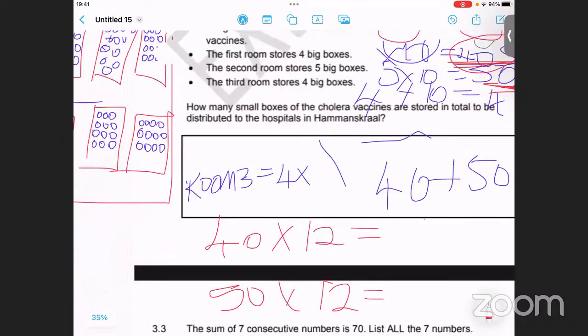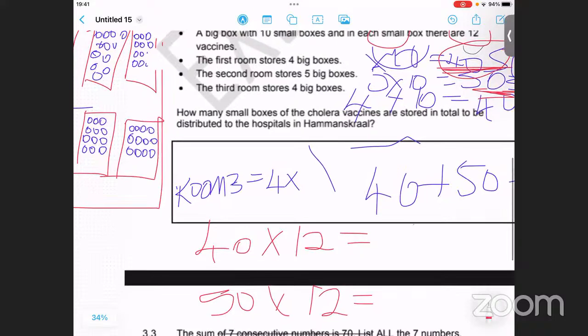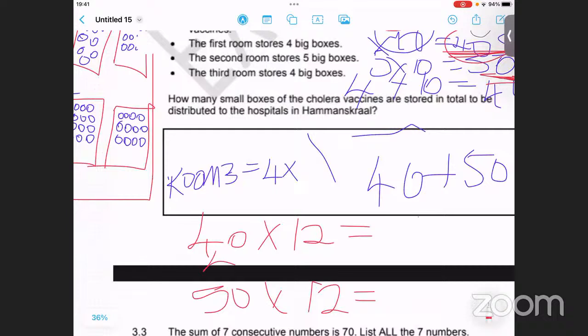And Botlali, if they asked you how many vaccines we have in the third room, you're gonna take that 40 and multiply it with 12, which is the number of vaccines in every small box. So you're gonna have another one which is 40 multiplied by 12. And then if we get the answers here, we're gonna add them together to know the total vaccines that we have in all the rooms.